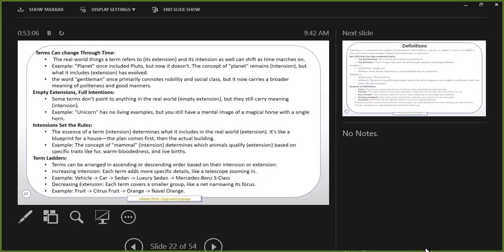Which do you think? Can we have a term without extensional or denotative meaning? Can we have a term without intentional or connotative meaning?